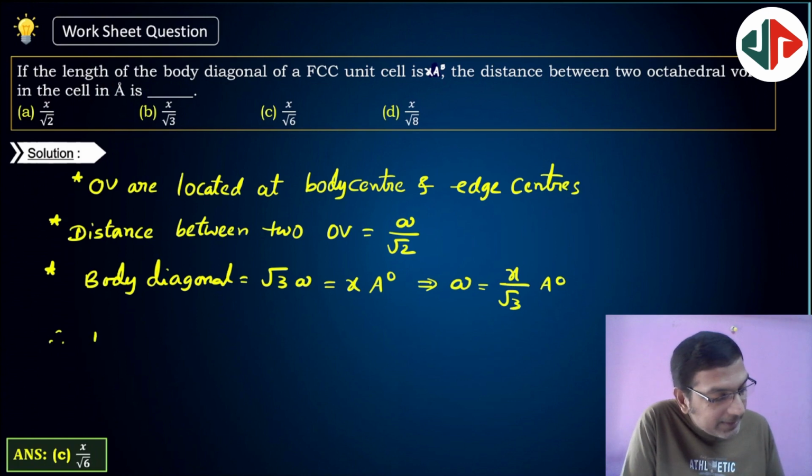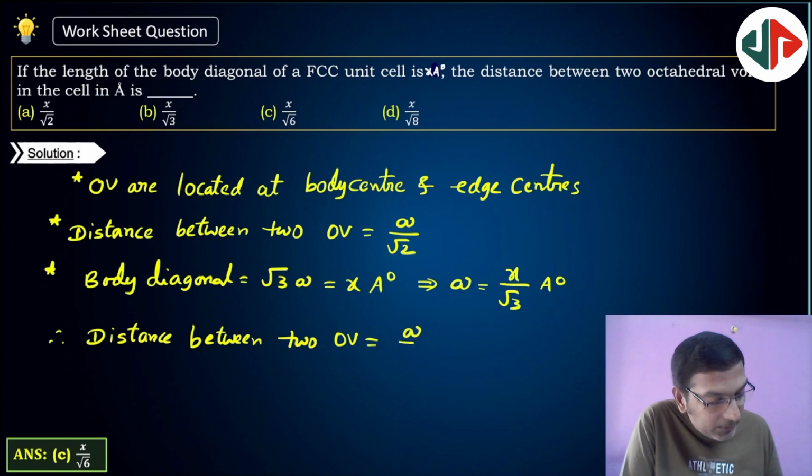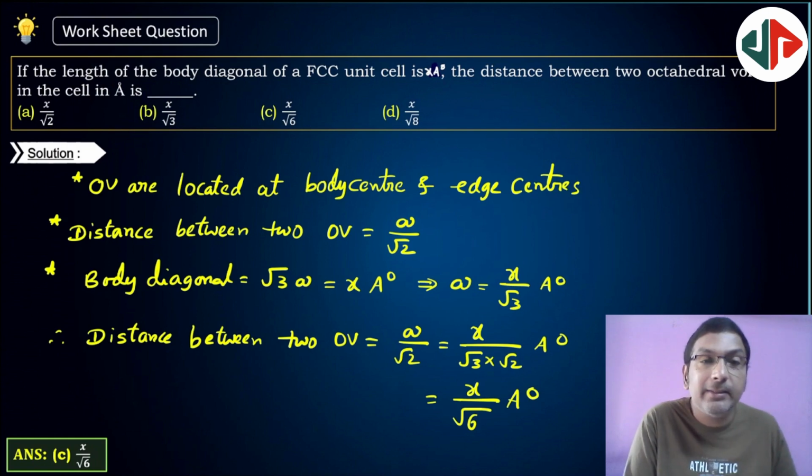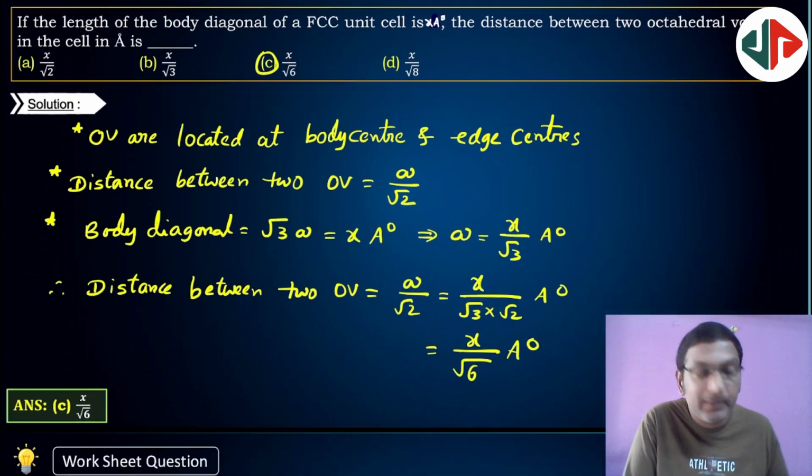Therefore, distance between two octahedral voids equal to a by root 2. That is, a value is x by root 3 into root 2 angstrom units. So which is x by root 6 angstrom units. This is the answer. So option C. Next.